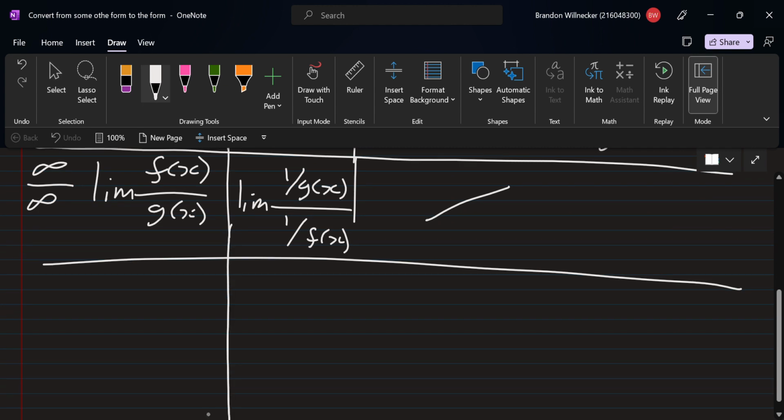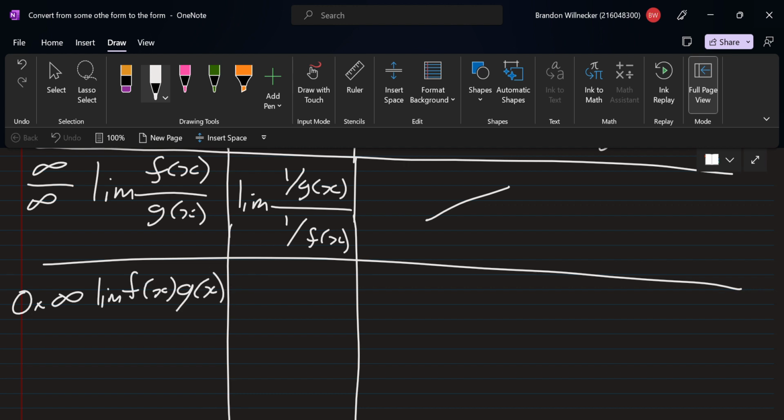Okay. Let's have a look at the other cases. So if we have something like 0 times infinity, this is something like the limit of f of x times g of x, but here f of x is going to 0 and g of x is going to infinity. So you need to look at the terms individually to see what's happening with them.